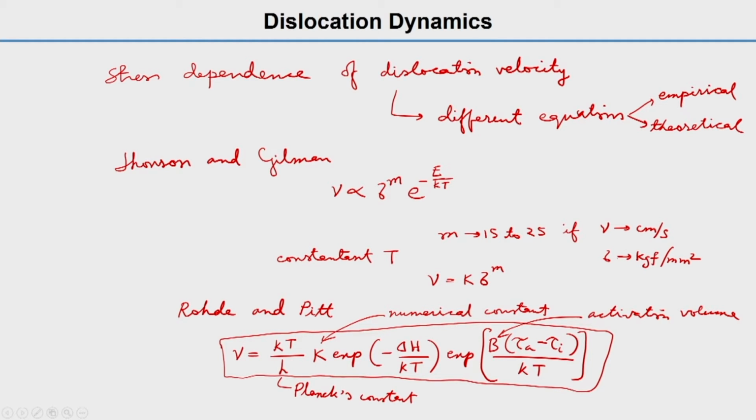So just to show you that some kind of relation exists between dislocation velocity and applied stress, and what type of relations they are. Please refer to the book if you are more interested in it.